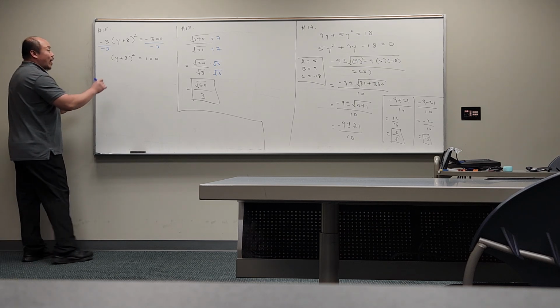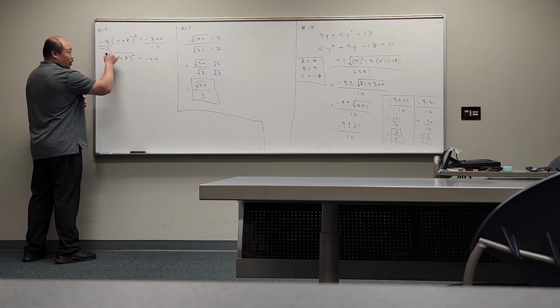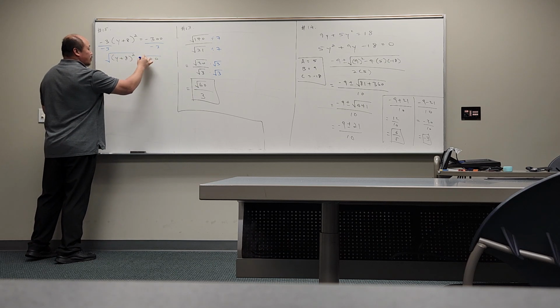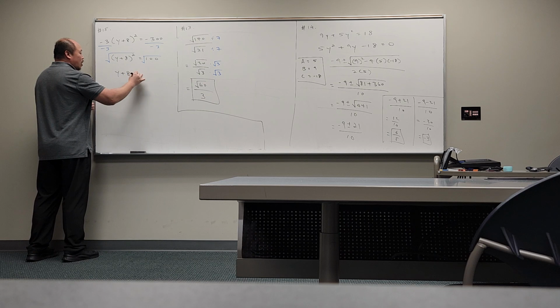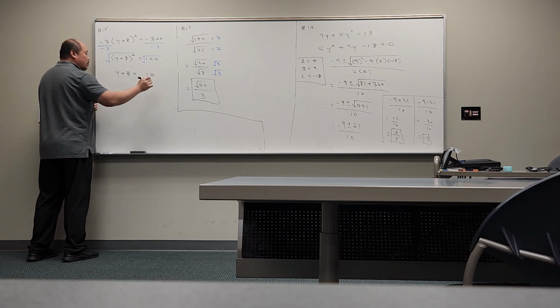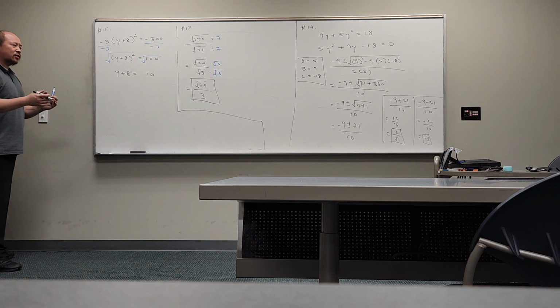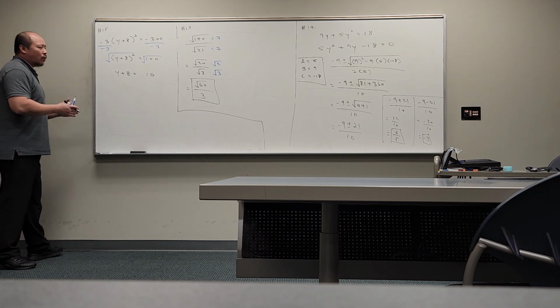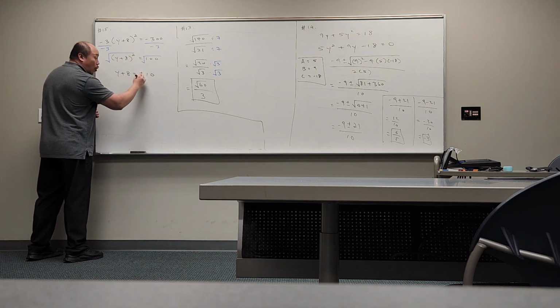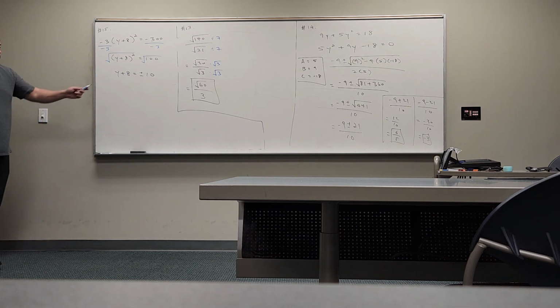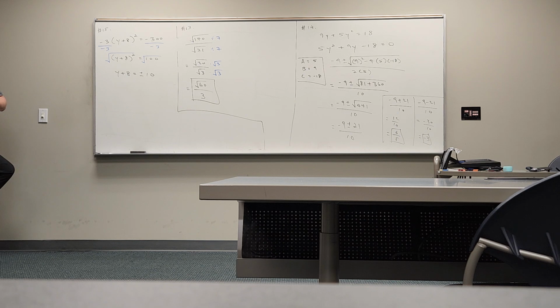So at this point you take a radical on both sides to get rid of the square. So that will be y plus 8 equals 10, but don't forget this. I think this is partially how people get it wrong: when you take the radical, you should get plus or minus 10. A lot of people forget about this and they only get one answer. You should get two answers.